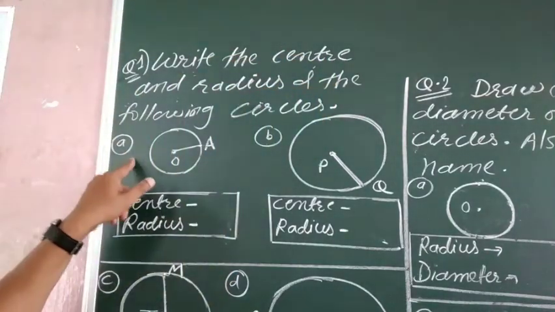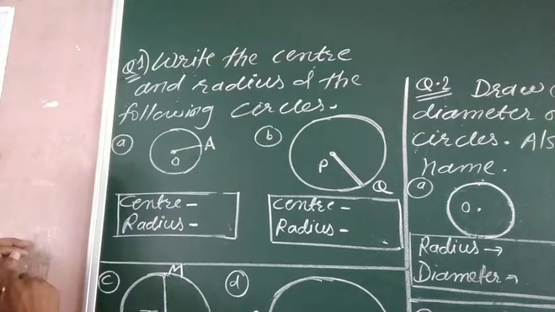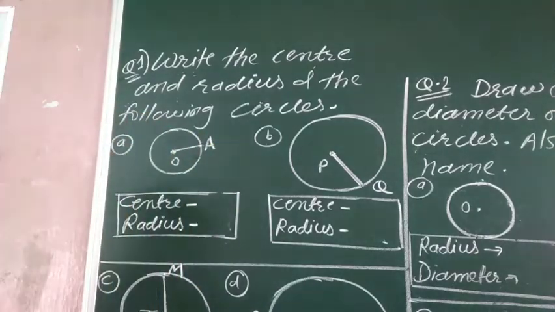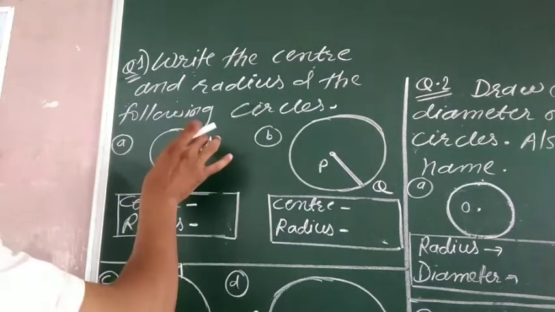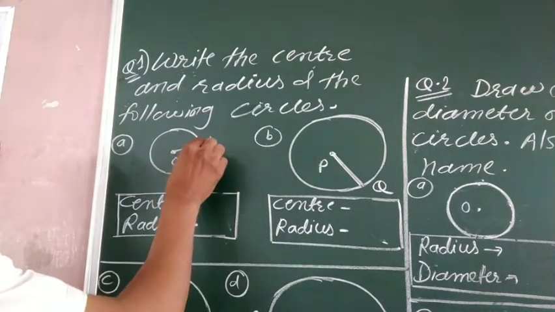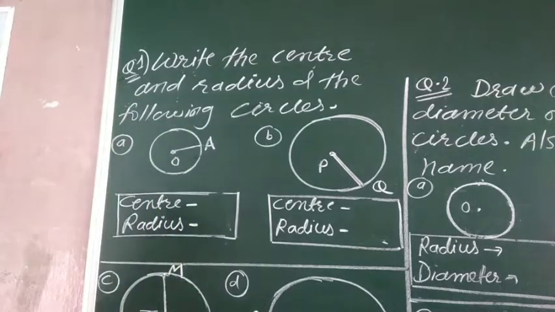So see, this is circle A, and in this circle this point is the center point, and this is a point on the circle. This point on the circle and the center are joined, and it is OA. But what is OA?